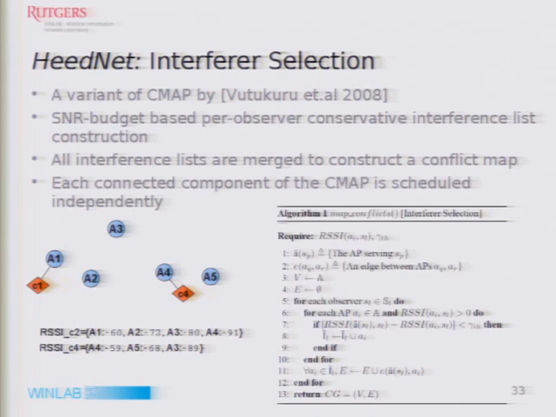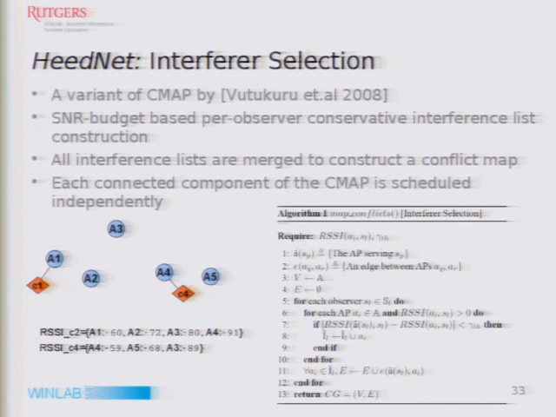So it's going into the capture argument. You will have enough SNR budget to decode that. Otherwise, you're being sort of conservative. It doesn't have to be, but if it's below that budget, you're saying, yeah, this is an interferer for me, and whenever these guys are to send packets, they conflict.